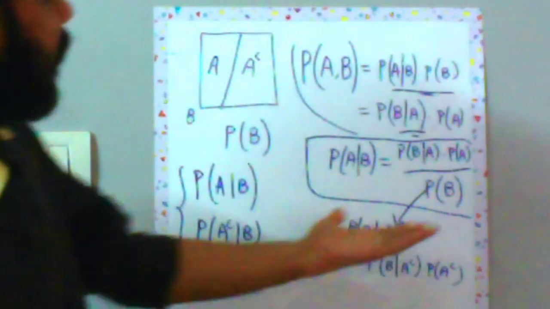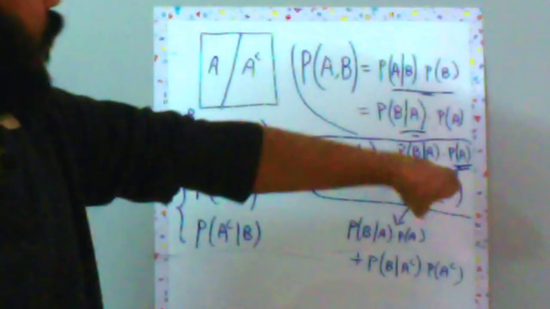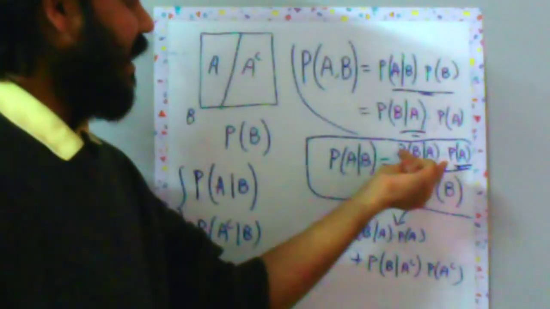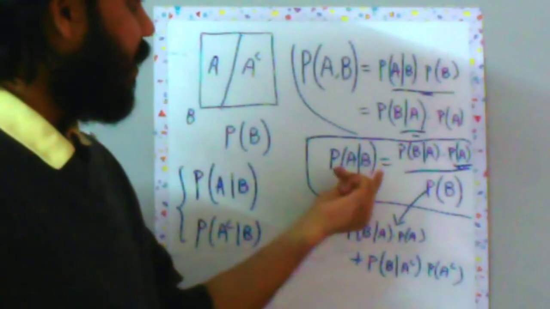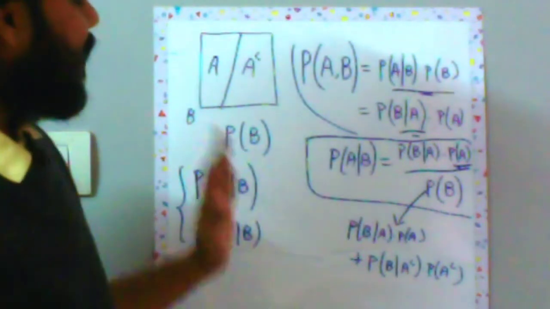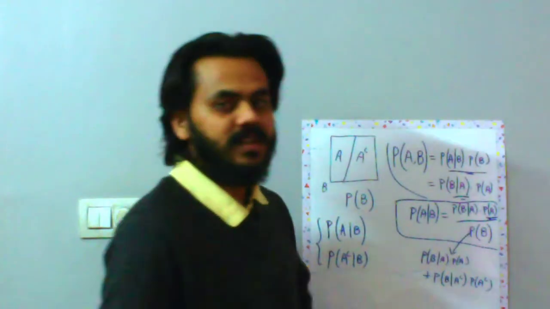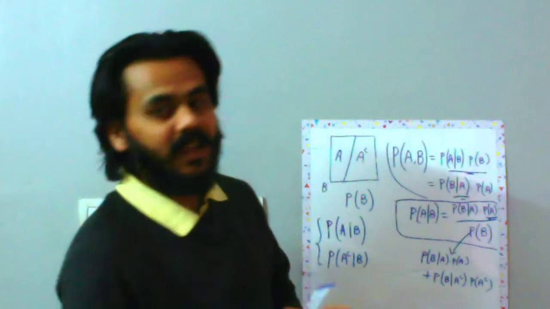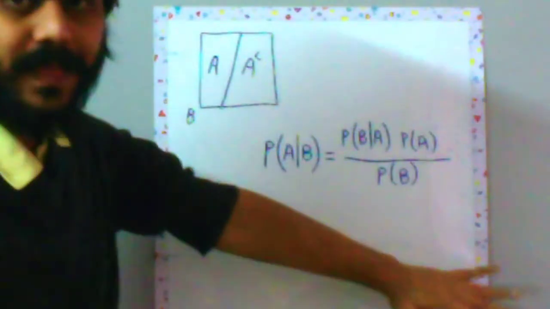How we interpret this is very simple. This term is your prior for A, this is your likelihood, and this is your posterior. Now let's focus again on this equation so that we can take a segue from Bayes' theorem towards Bayesian statistics. This is your prior.